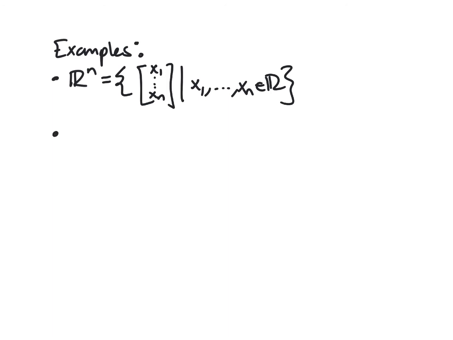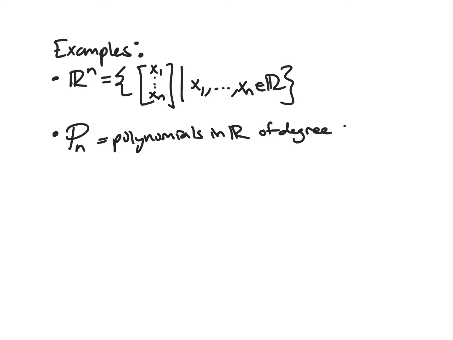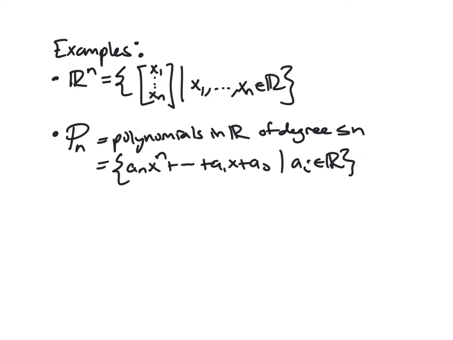Okay, so our first example of that will be this script P sub n. These are polynomials of degree less than or equal to n, in R, so coefficients are real numbers. Another way to write this in set builder notation would be something like a_n x^n all the way down to a_1 x plus a_0, where all of these a_i's are real numbers.